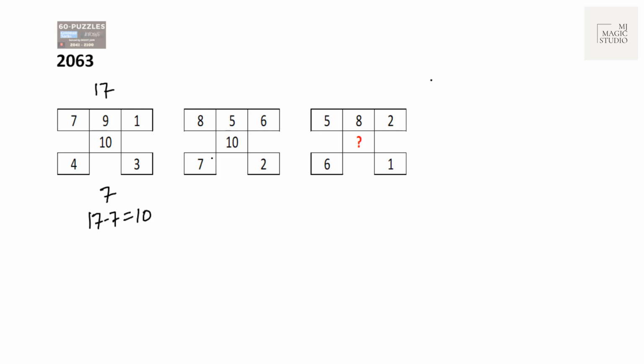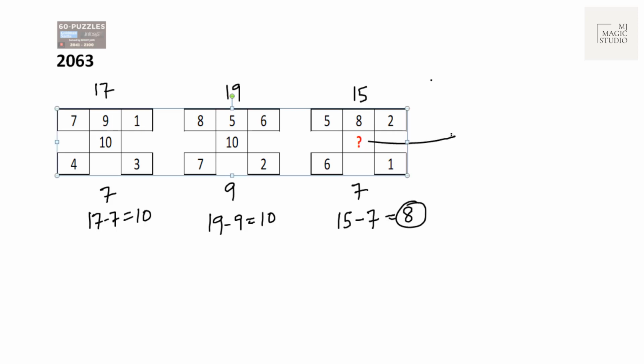Let's see, are we getting the same thing here? 11 plus 8 is 19. 7 plus 2 is 9. Bingo. 19 minus 9 is 10. So here also same process we will follow. 8 plus 2 plus 5 is 15 and 6 plus 1 is 7. Now 15 minus 7 is equal to 8. So in place of this question mark, I'll put 8.